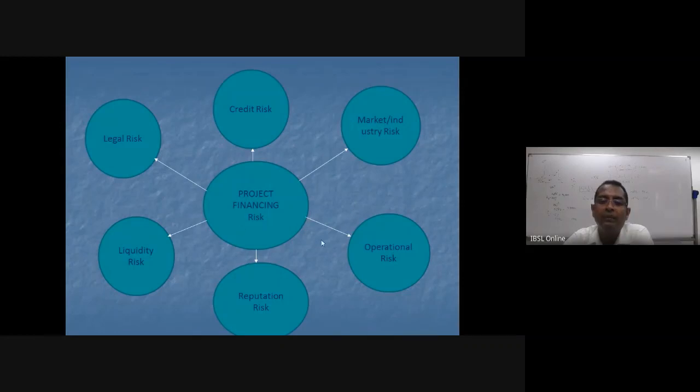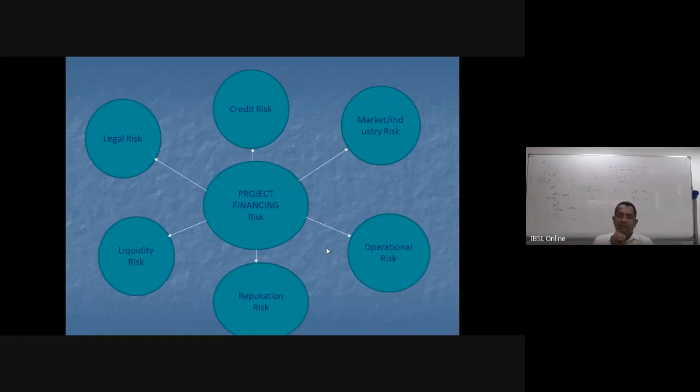These are the different financial risks we have. We have credit risk, which is whether I will get my money back. Market and industry risk, what is the risk from the industry.